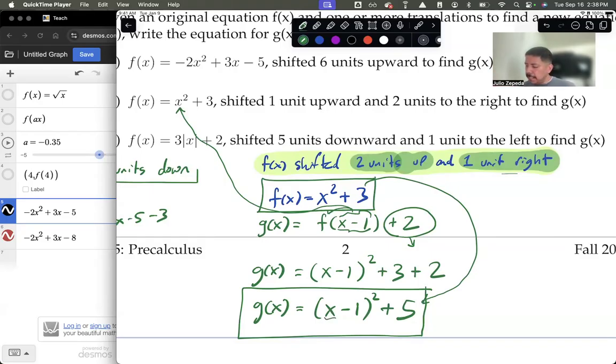And inside of the function, we have a minus 1 compared to the original function. So that minus 1 is going to shift to the right 1 unit. We can graph it to check, but yes, g of x is the function that we want. Shifted 2 units up and 1 unit to the right.